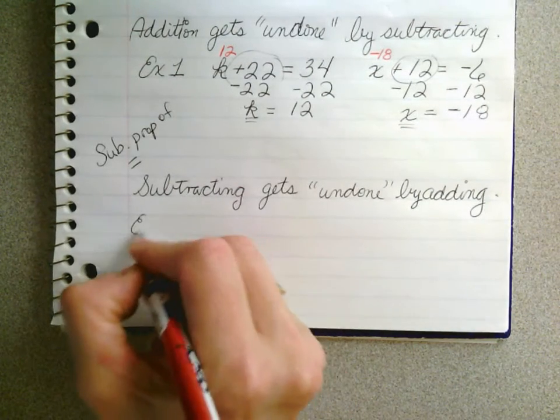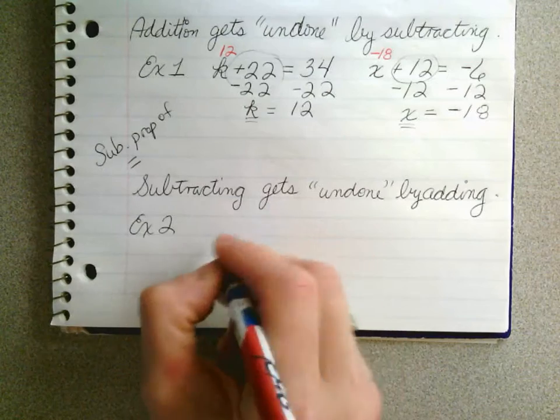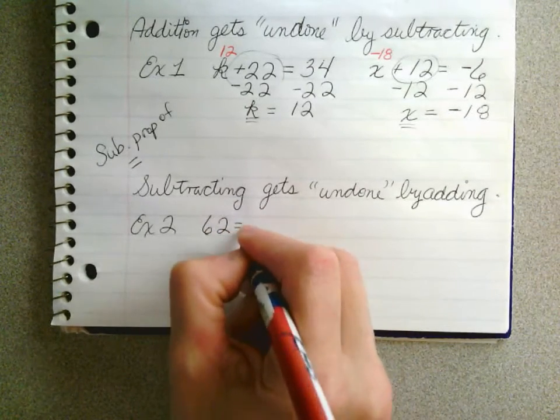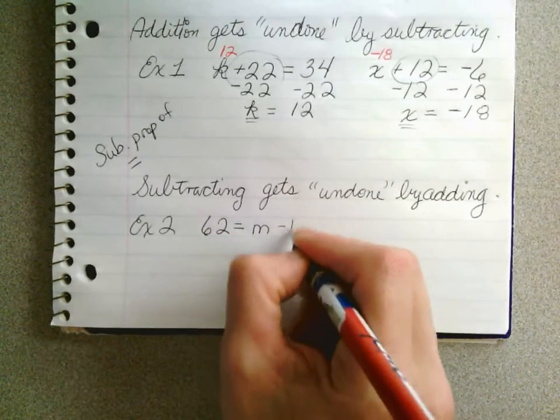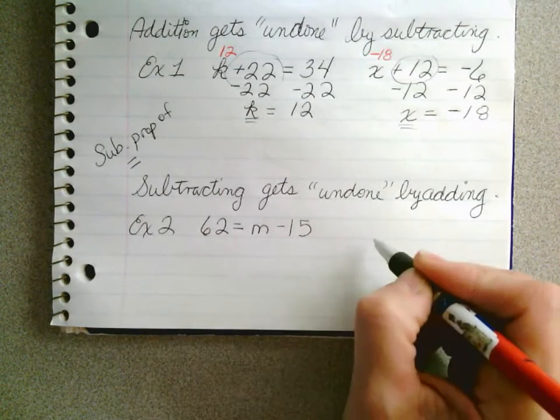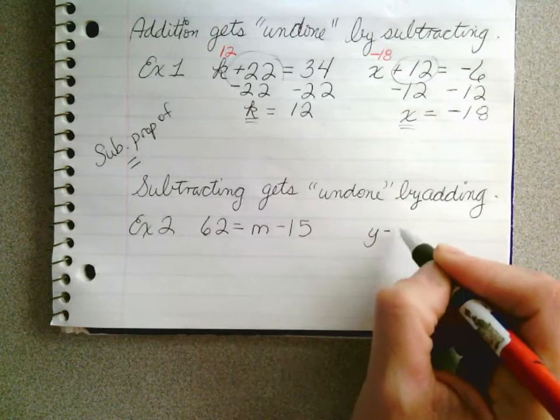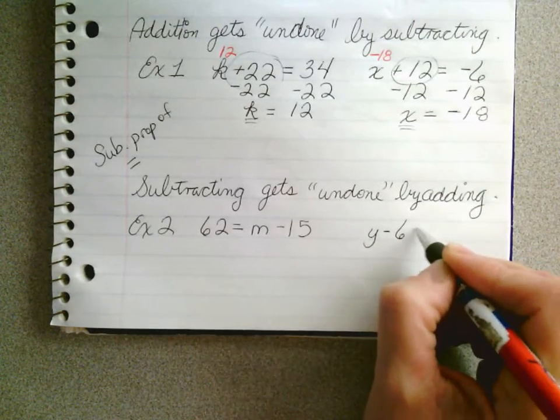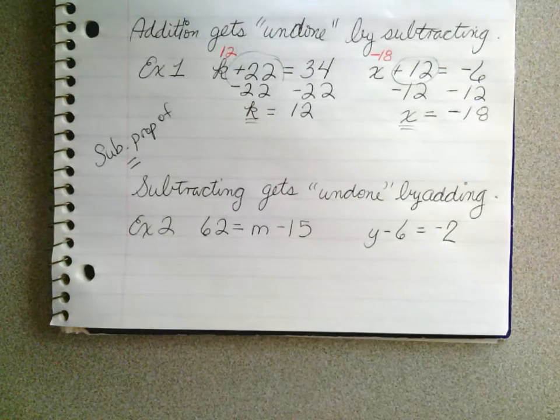So maybe example 2 can be 62 equals m minus 15, or even y minus 6 is negative 2.